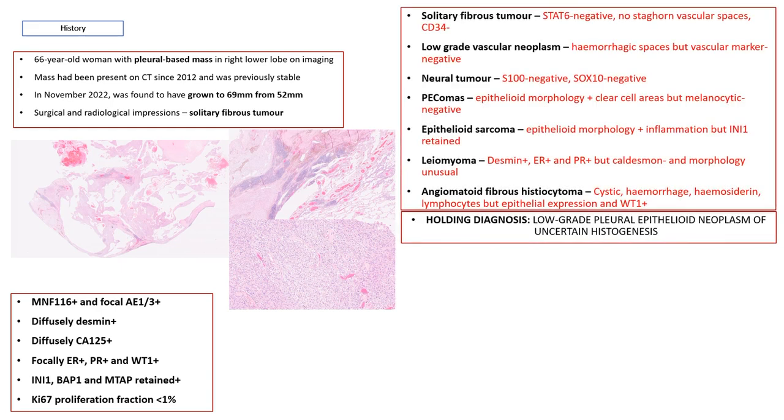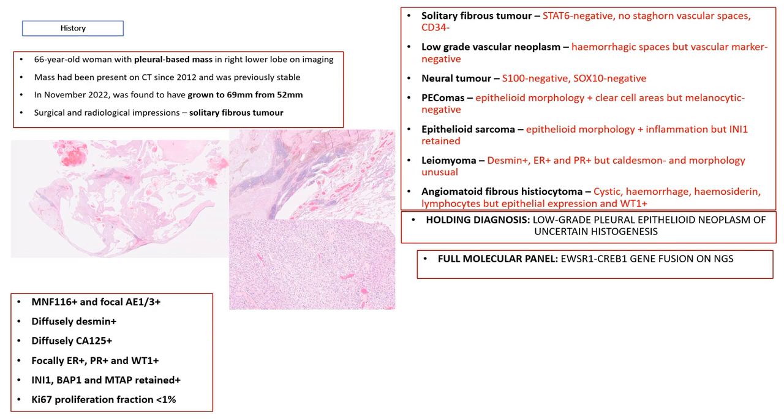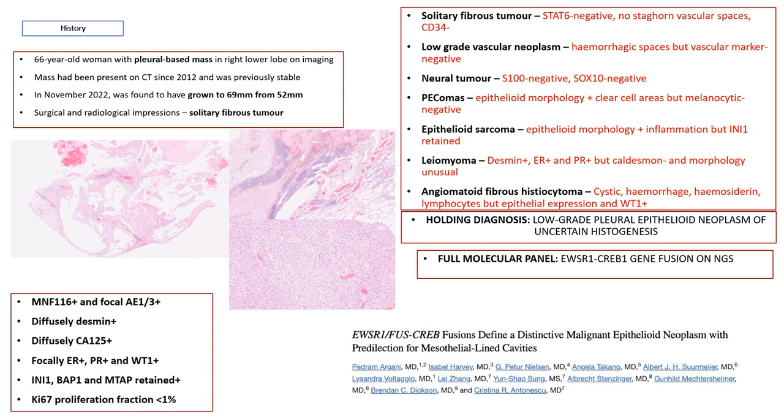So there was a wide differential diagnosis, including mesothelioma, outside of mesothelioma, mainly looking at various sarcomas. We sent this off for molecular testing, and this came back with a gene fusion and is part of the gene fusion malignant epithelioid neoplasms that we are increasingly seeing in the mesothelioma lined cavities.